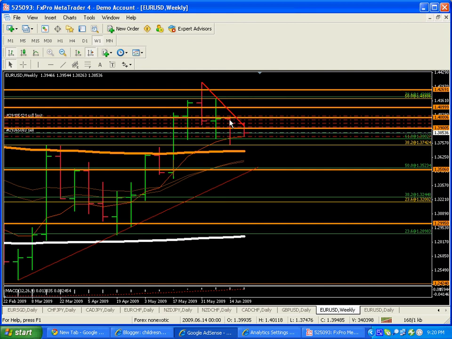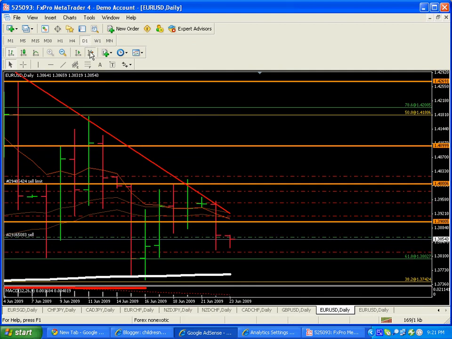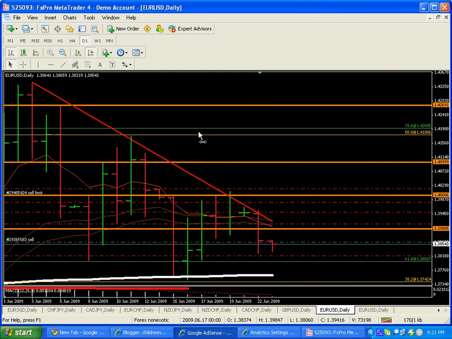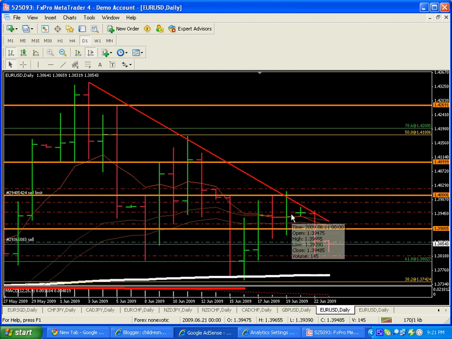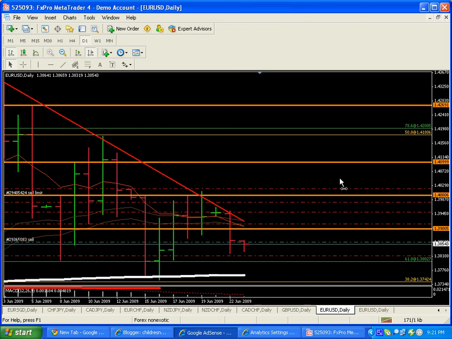As you can see, last week the high was at 1.4011, and the price never closed above this area here.